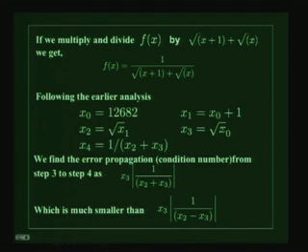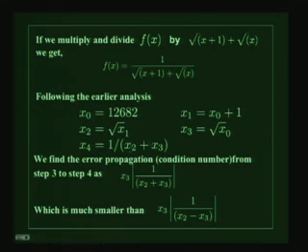Instead of that, now we will do 1 by x2 plus x3. Earlier we had x2 minus x3 and did the analysis with respect to x3. Now we do 1 by x2 plus x3, and then we look at the error propagation or the condition number for this step from 3 to 4.